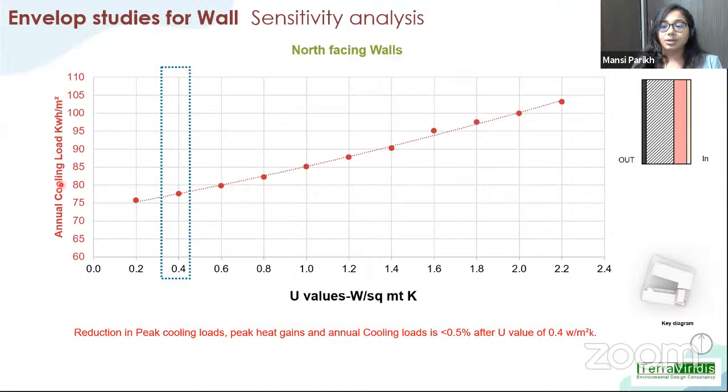However, to achieve this U value of 0.2, we have to provide much more insulation as compared to 0.4 U value, which will increase the cost to almost 3 times. Also, it has very little reduction in terms of annual cooling load, in terms of EPI. So for this project, we decided to go for a wall U value of 0.4 watt per square meter Kelvin.